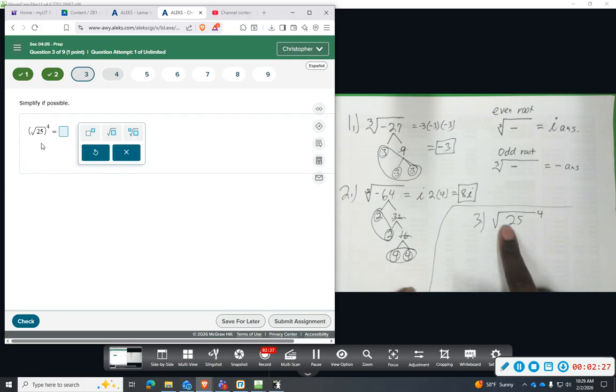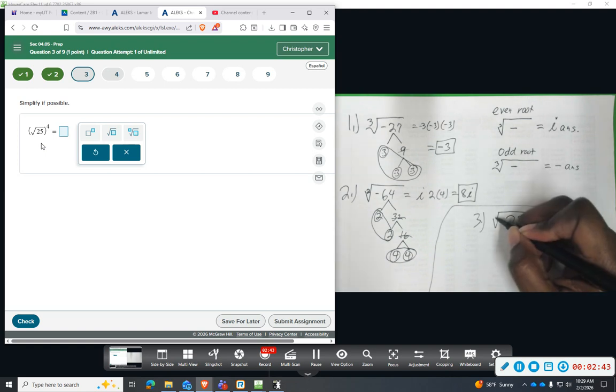Because this is under a radical, we can really interchange these, and so I'm going to write this as a rational exponent just to show you how we do it by hand, and then I can plug it in the calculator and you can verify it.